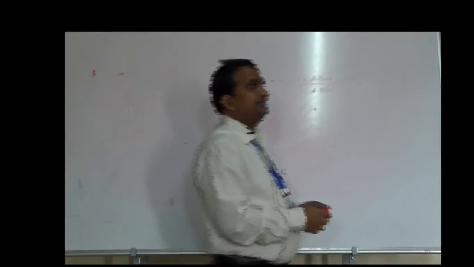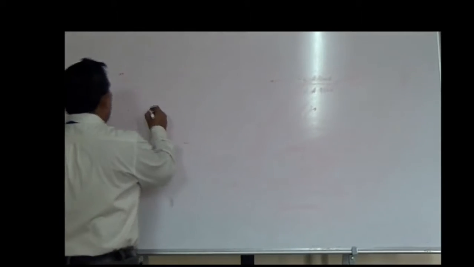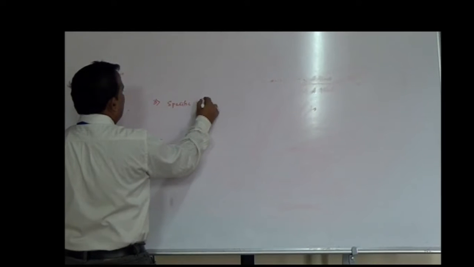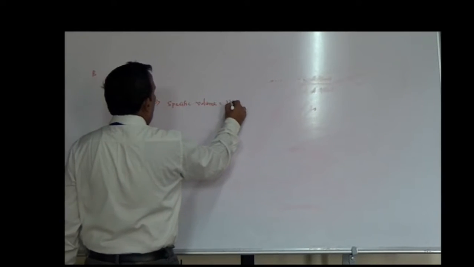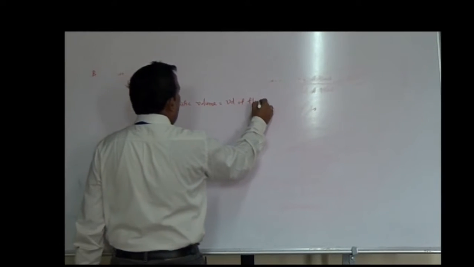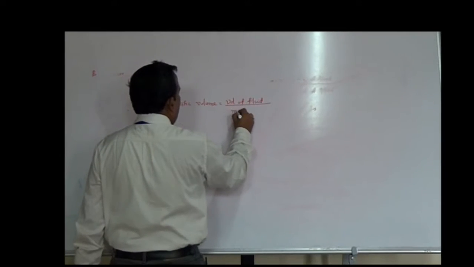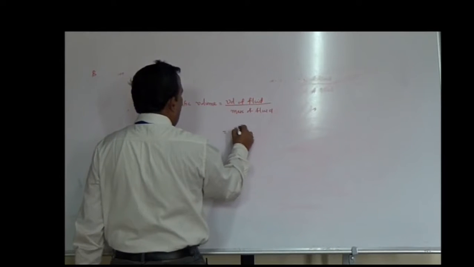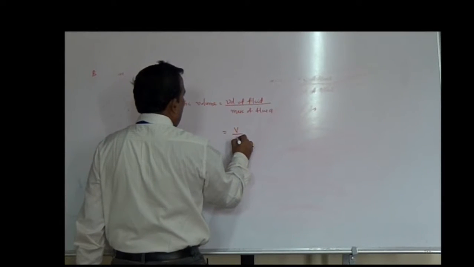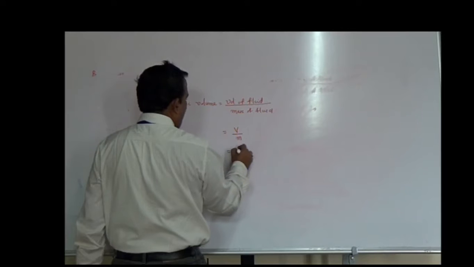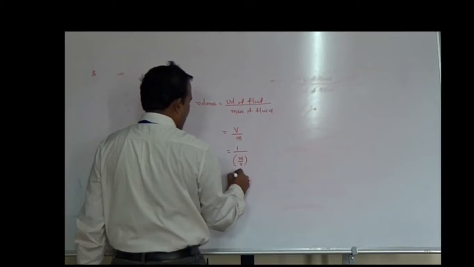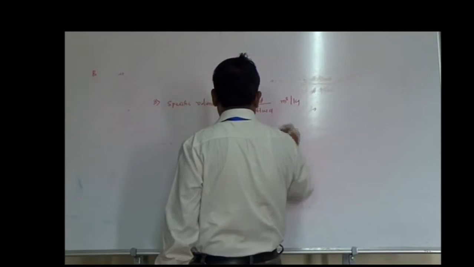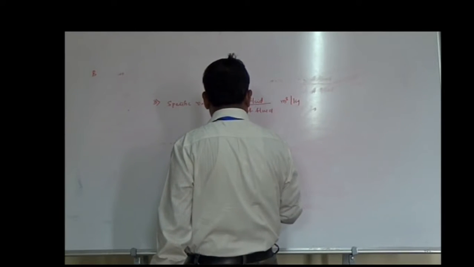Next one is specific volume. The specific volume is equal to volume of fluid divided by mass of fluid. So here the volume is V divided by m, that is V by m. We know that m by V is rho, so this is the reverse of density. The unit is meter cube per kg.